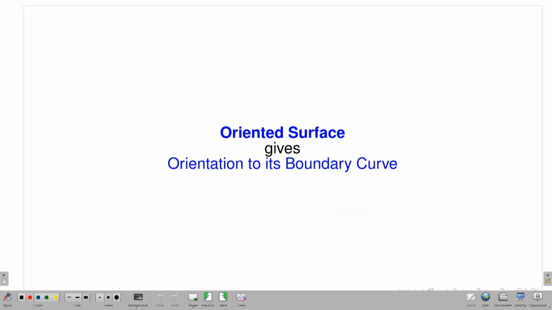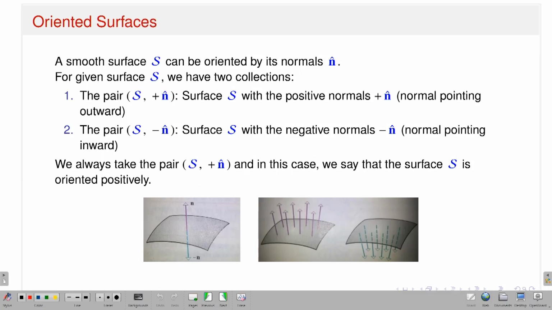Now that I have the notions of smooth surfaces and the unit normal vector, and how to calculate it for a given smooth or piecewise smooth surface, I can talk about what is called an oriented surface. If you have a surface with a given orientation, it will induce an orientation on its boundary curve. Maybe in my next class I will talk about that again.